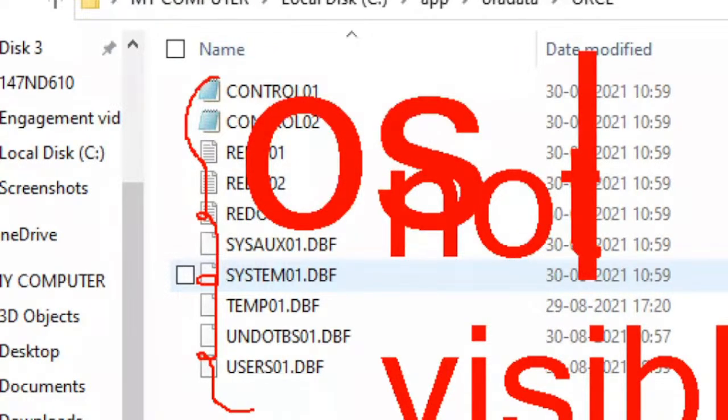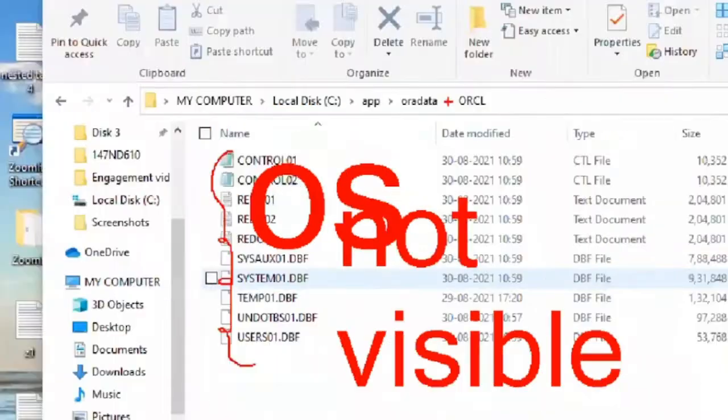Very, very important. Tables are not visible in the C drive, D drive like that. Views are not visible in the C drive, D drive, E drive like this. Indexes, functions, procedures, not visible.